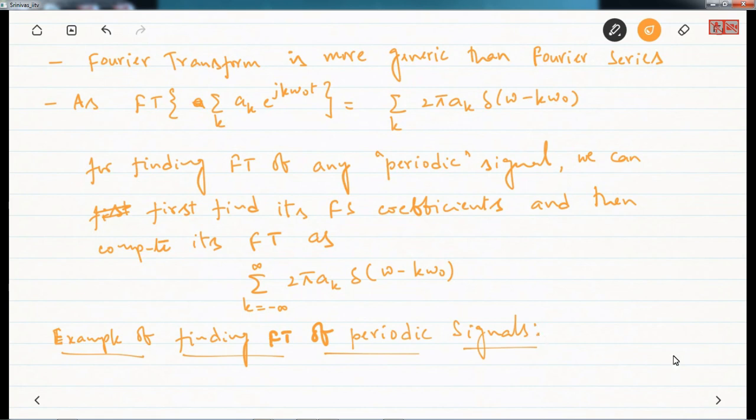Okay, let's take the periodic square wave. Let me exactly show this procedure. If you are given a periodic signal, find its Fourier series coefficients, and from there you just use this formula, this kind of substitution method.